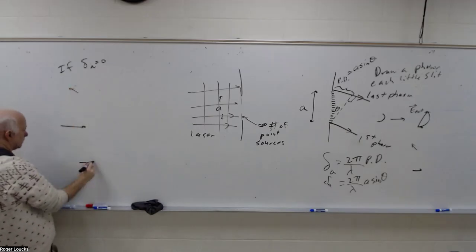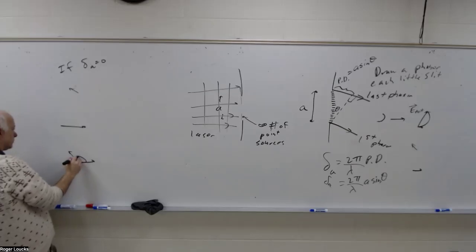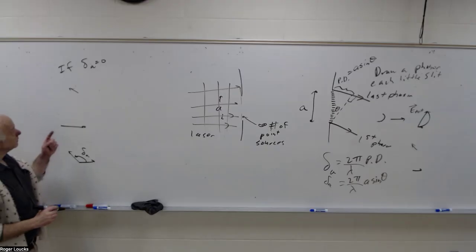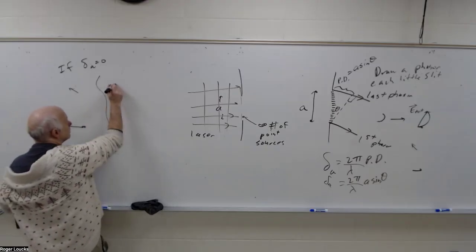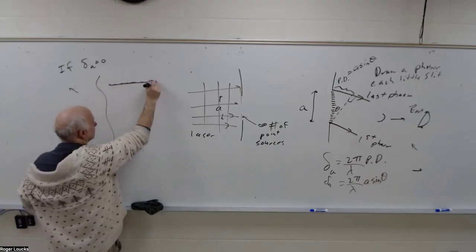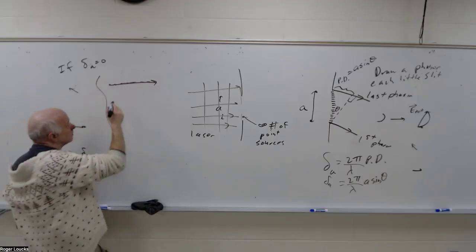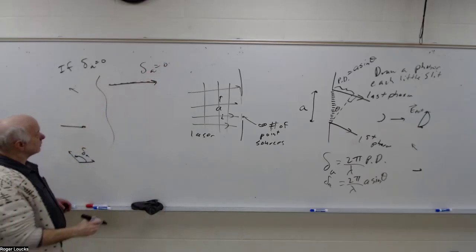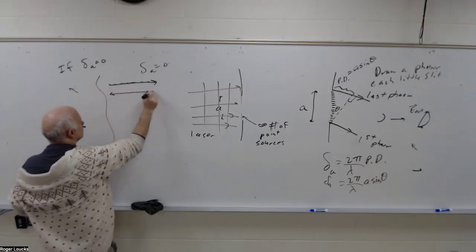I take this down here. It's my delta. So if my delta A is 0, what's happening here? All these little phasors align like this, in a straight line like that. This is my delta A equals 0.